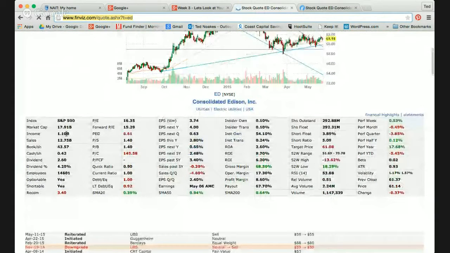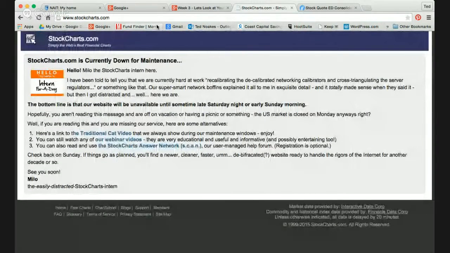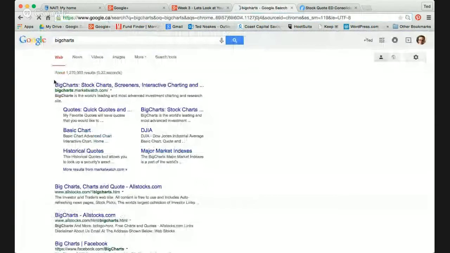Often a better place to go is StockCharts.com or any other site that has technical analysis. We can also go to another site, BigCharts, another really good site for this.